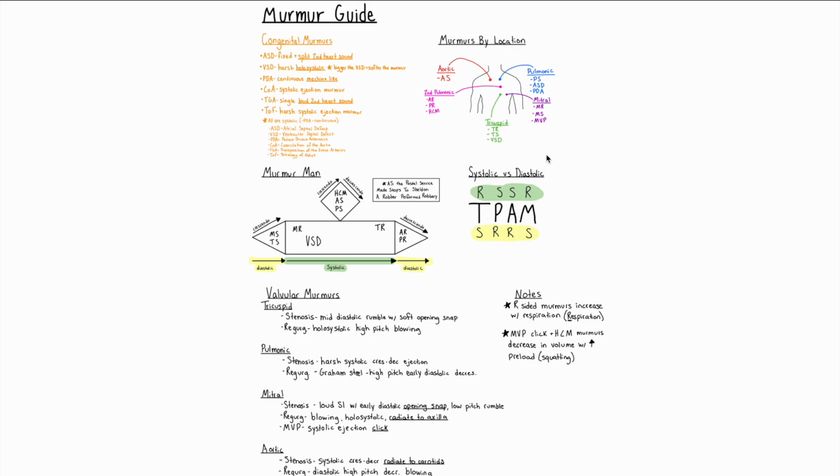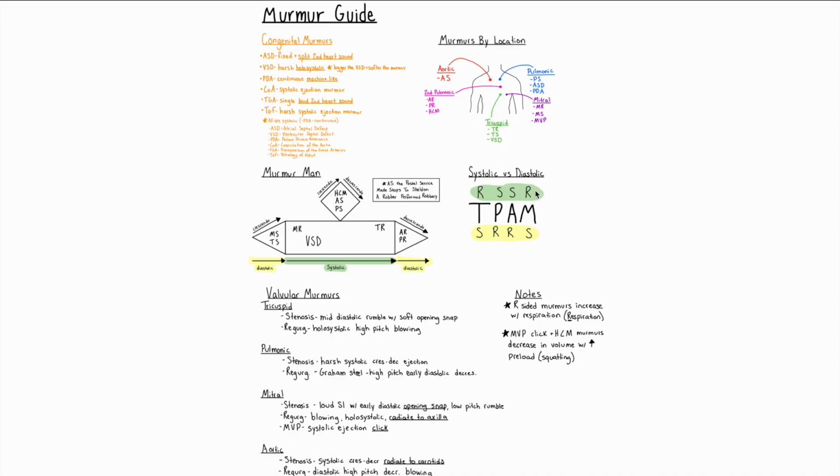Then another quick way to distinguish between systolic versus diastolic, which I found a little easier for me, rather than having to draw this whole thing out if I hadn't already, is TPAM. So this is tricuspid, pulmonic, aortic, and mitral. And when you look at these, you're going to write on top RSSR and the opposite on the bottom, SRRS.